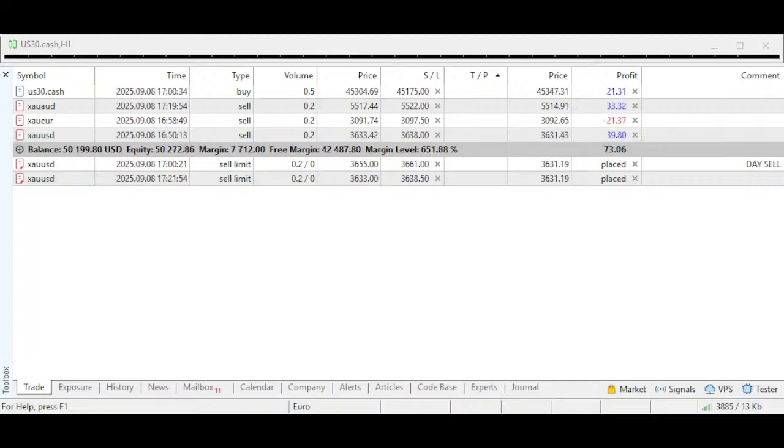So let's wait to see whether the 28 breaks. If the 28 doesn't break, then it's too bad. We are very unfortunate, and the market is not going to give us what we expect.